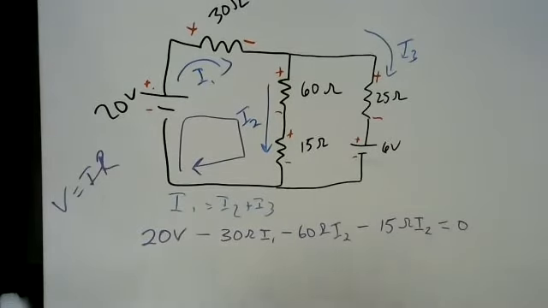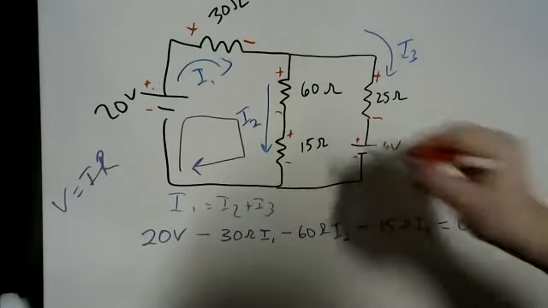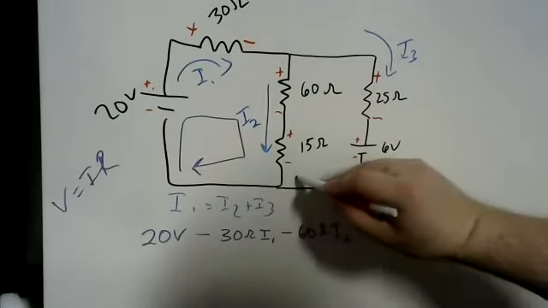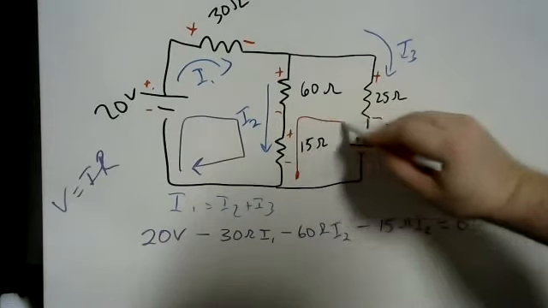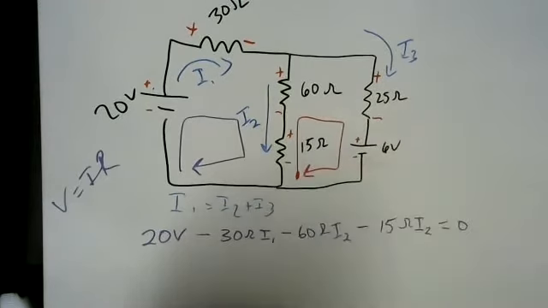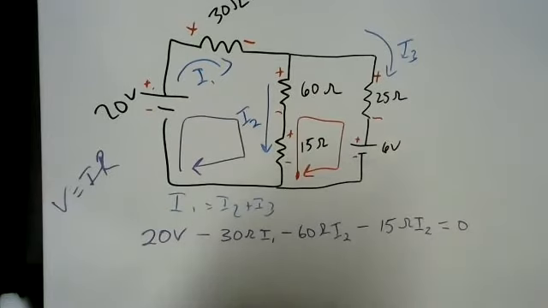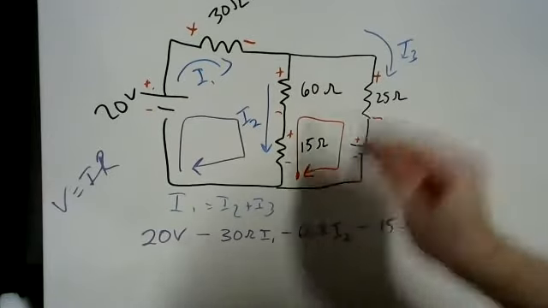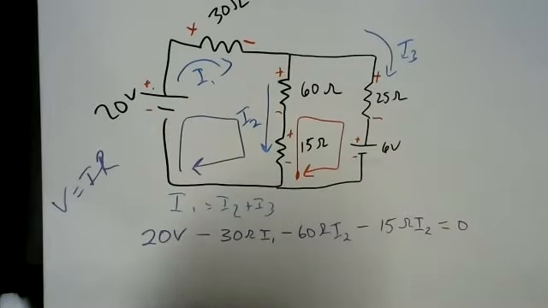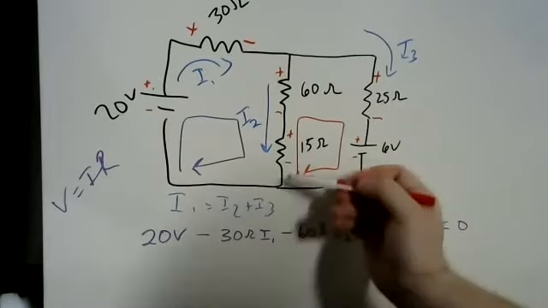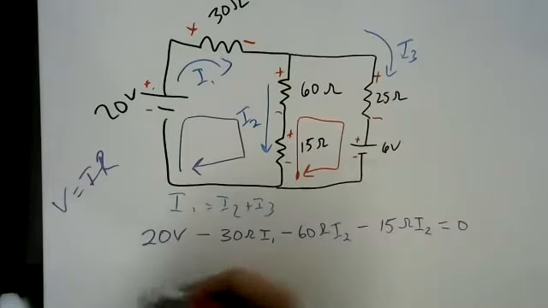So that's great. We got the left equation. That works. Now we're going to get the right equation. And we're going to start at this point and go around a loop like that. So there, we're going to go this way around. And it might make sense to go the other way around. It should not matter. We're going to use the same convention. So we go negative to positive. That's a positive.